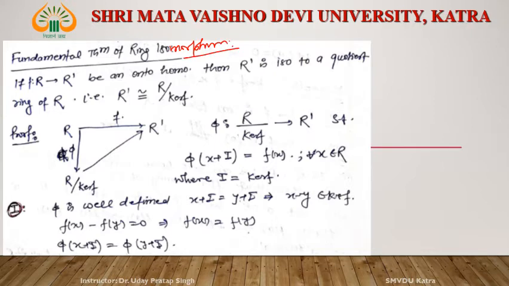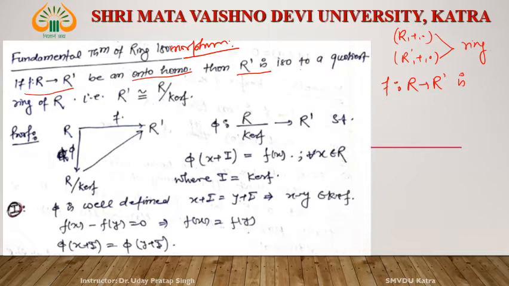If f from R to R prime is an onto homomorphism, then R prime is isomorphic to the quotient ring of R. Let (R, +, ·) and (R', +, ·) be two rings, and f from R to R prime is an onto homomorphism.